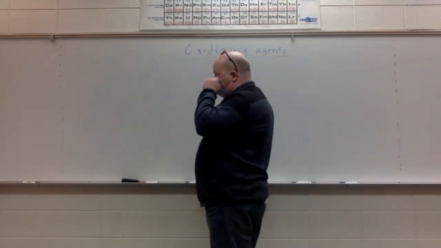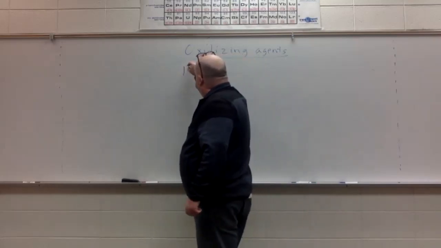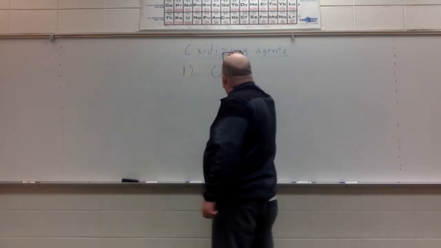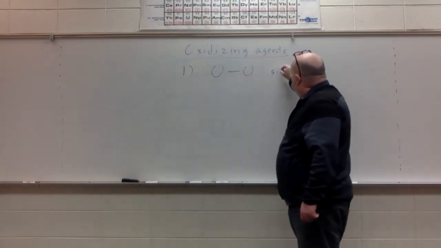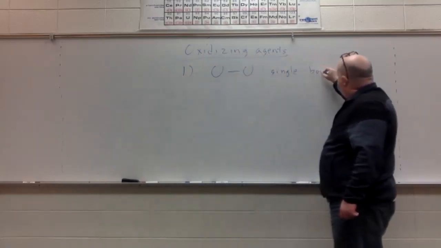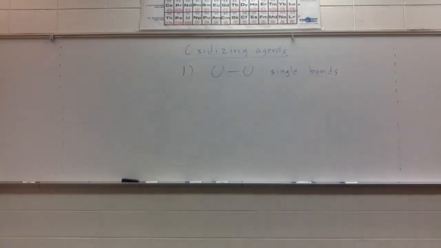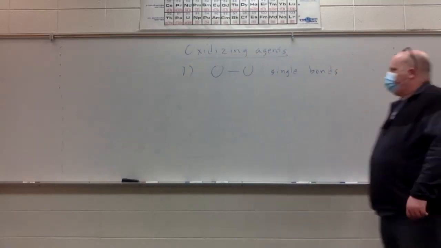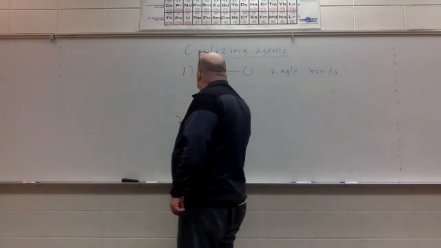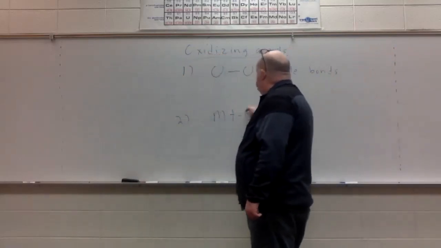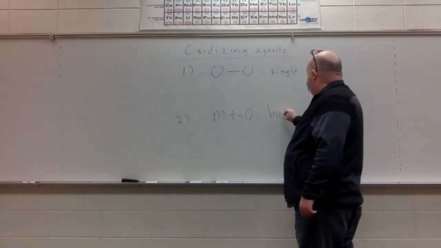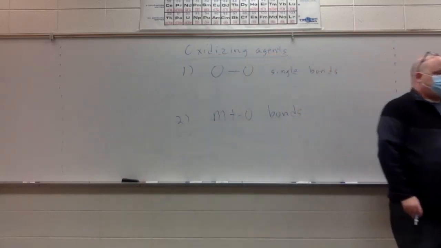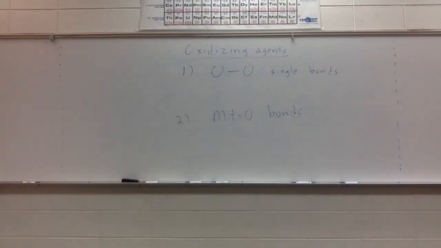Basically, they're going to fall into two categories. The first category is going to be species that have OO single bonds. Second category is going to be compounds that have metal to oxygen bonds. Sometimes they're single, sometimes they're double. All right?